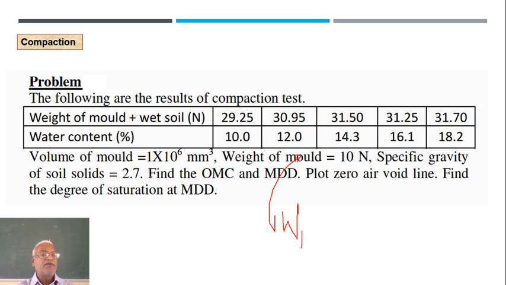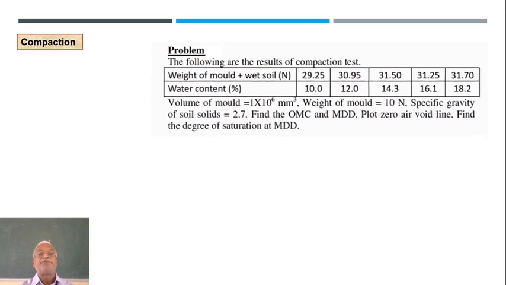Anyway, specific gravity of the soil solids is 2.7. Find OMC and MDD. Plot zero air void line. Find the degree of saturation at MDD. Now in this discussion we'll just find out OMC, MDD, and further we'll see the other things.